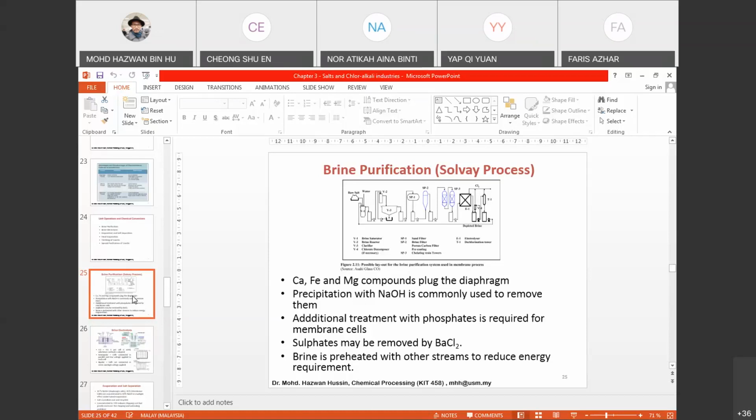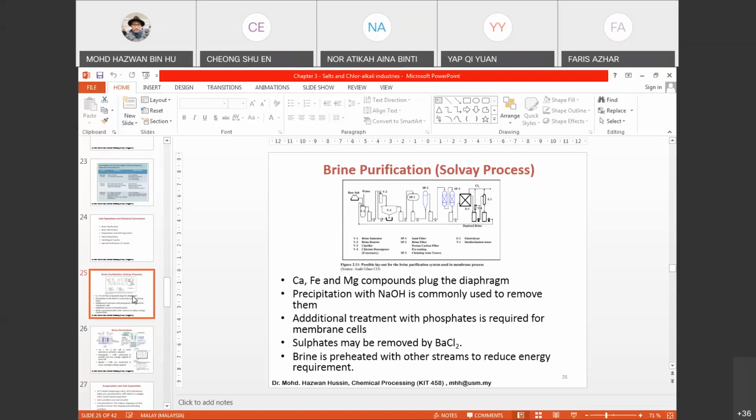When you treat it with sodium hydroxide, the sodium hydroxide reacts and forms other products, for example calcium hydroxide, ferrous hydroxide, or magnesium hydroxide. All these form as insoluble precipitates, and then you can easily remove them.